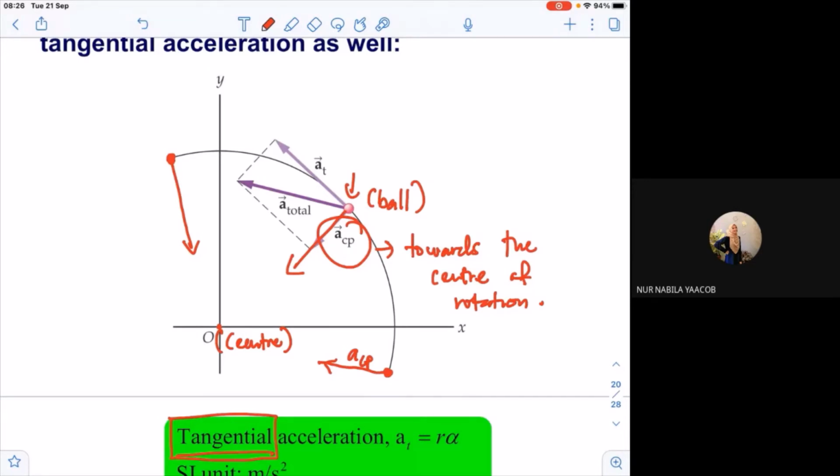The reason you can make this ball move around the circle is the centripetal acceleration, and of course it leads to the centripetal force. But what makes sure that the ball still moves with a certain speed and acceleration is the tangential acceleration.